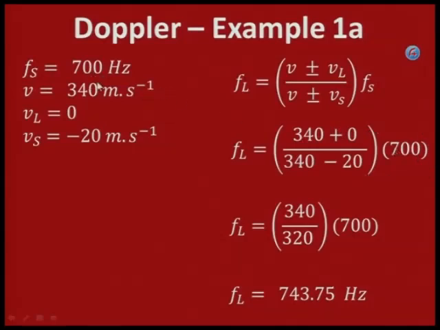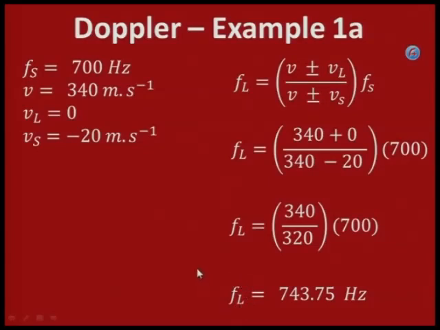So now you insert it into your equation. 700 for Fs, 340 for V, 340 for V again. The VL is 0 because you are standing still, and the Vs is minus 20. If you do the calculation, you get 743.75 Hertz. That is the frequency that you will hear when you are standing still on the pavement.